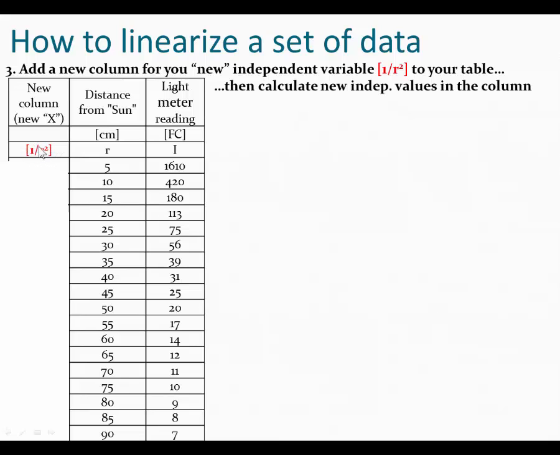All right, and so the next step is to calculate a brand new set of values by basically taking my r values here and doing this little bit of math, 1 over r squared in each case. And here's the first few examples that I've done using centimeters and foot candles, centimeters in this case. But remember that you'd want to do this in meters squared, not centimeters squared.